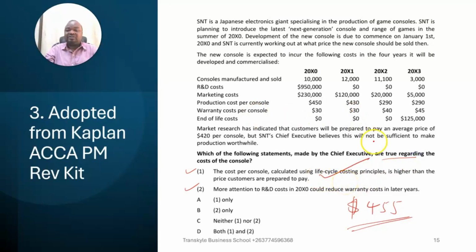But the question wants us to determine which statement is true regarding the cost of the console. The first one tells us that the cost per console calculated using lifecycle costing principles is higher than the price consumers are prepared to pay. What about the second one? More attention to R&D costs in 20X0 could reduce warranty costs in later years. I see this statement as true.